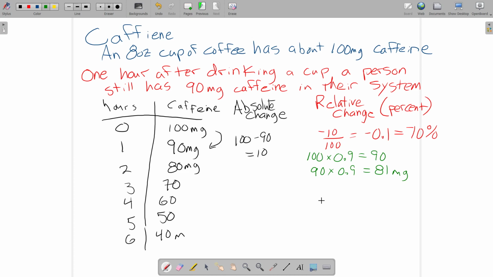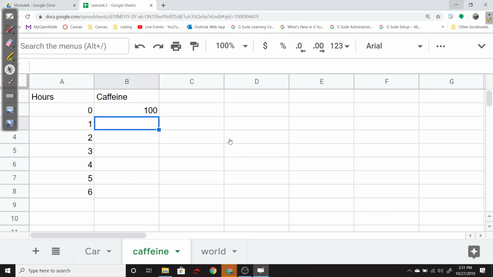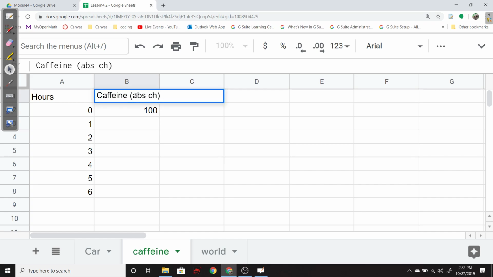So let's compare these two changes in our spreadsheet and then figure out which one is right. So let's see. We have caffeine, and we'll call this one ABSCH for absolute change, and then we'll also do caffeine relative change, percent change.